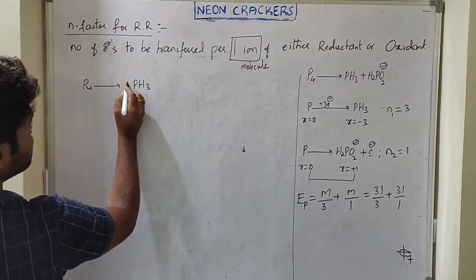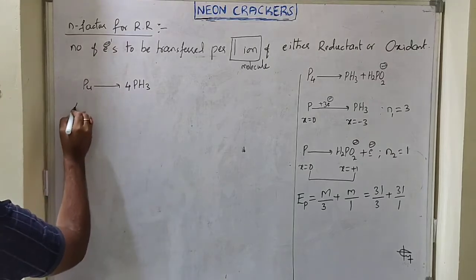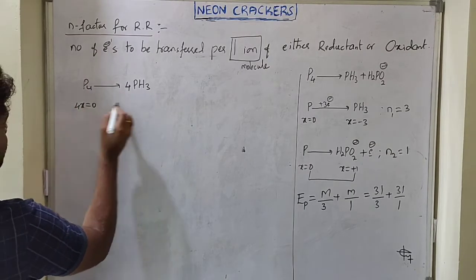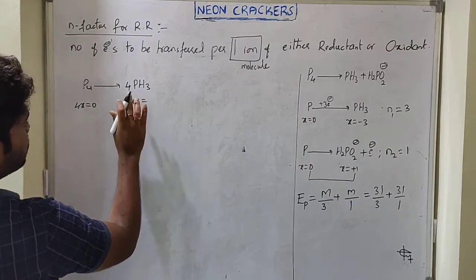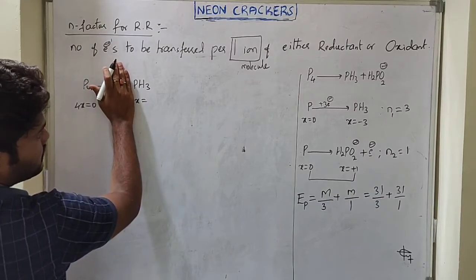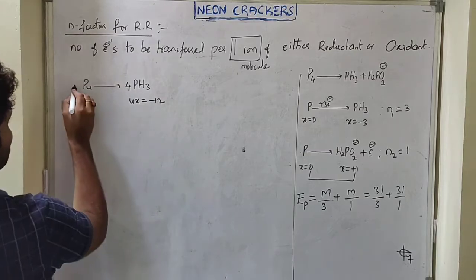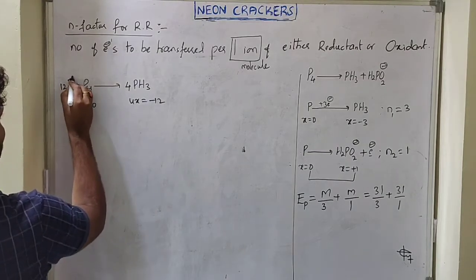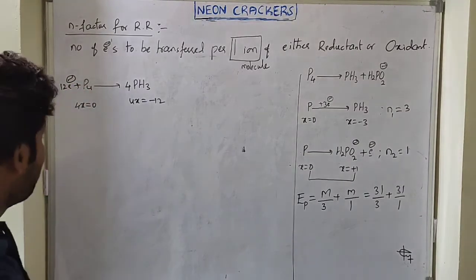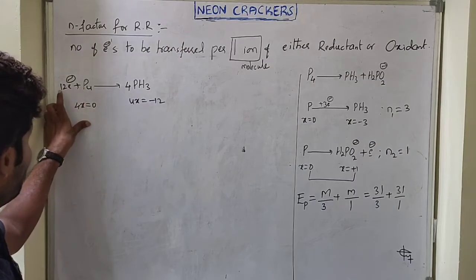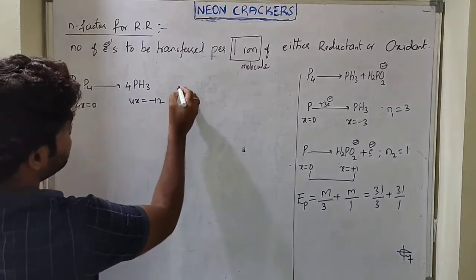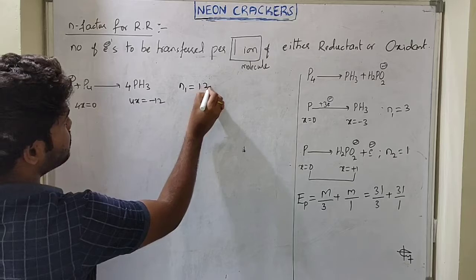That's why this equation is multiplied by 4, and you get here 4x equals 0, here 4x equals, in phosphine phosphorus has minus 3 charge, 4 means minus 12 charge. So number of electrons to be added, how many here? 12, right? And P4 1 molecule, so 12 electrons, that's why n factor is 12.